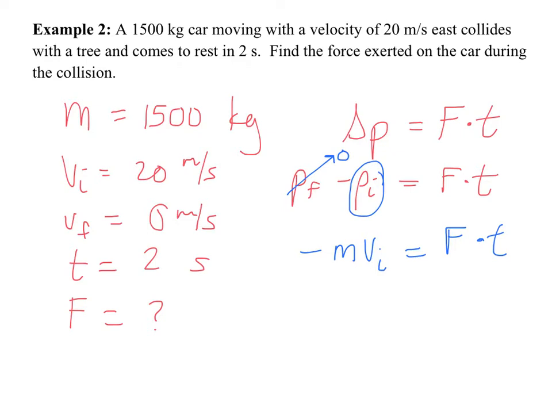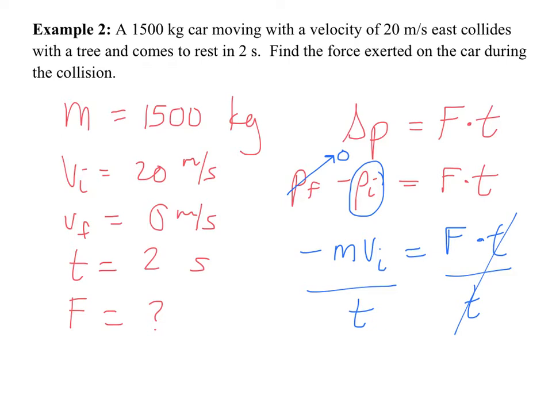What do you notice? What kind of an answer are you going to get? Don't give me the number, but tell me what kind of answer. It's going to be negative. How come? Because the force is pushing back. The tree pushes back against you. Exactly right. I'm traveling east, and if I'm going east, the tree has to push me west when I hit the tree.